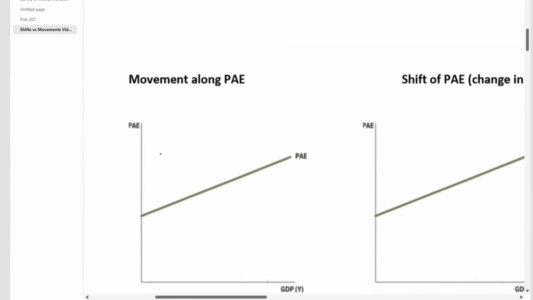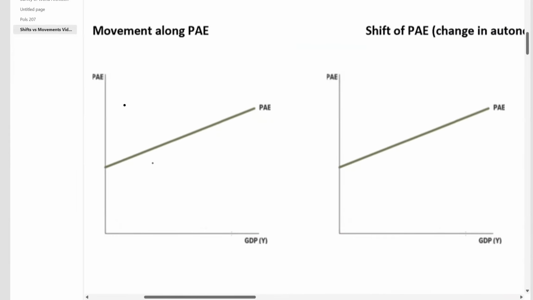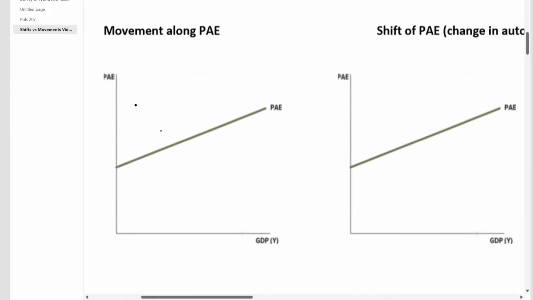And down here, I have what a movement and shift will look like. Here's your PAE, planned aggregate expenditure, and you have your 45-degree line down here.